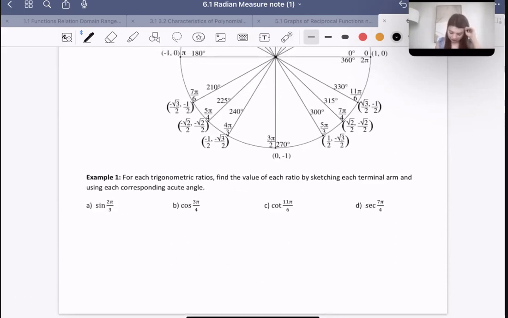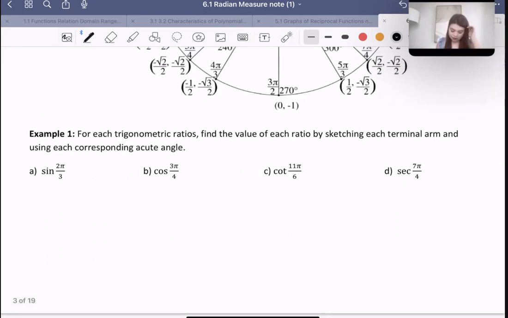Example 1 says, for each trigonometric ratio, find the value of each ratio by sketching each terminal arm and using each corresponding acute angle. For this, we need to remember the CAST rule, where we have CAST like this.